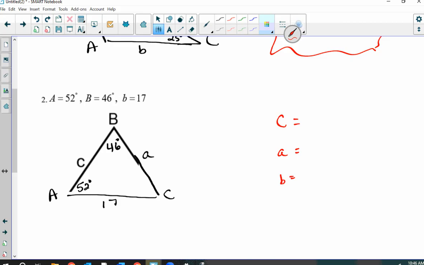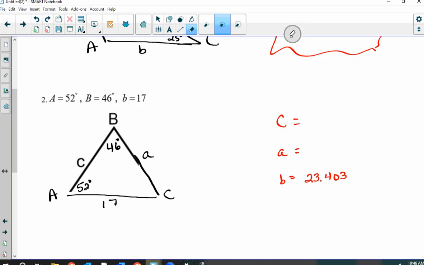Are we ready for the answers to number 2? Yes, I'm ready. What'd you get for angle C? That'd be side B, I think. That is correct for side B. What'd you get for angle C? Did I label it wrong?